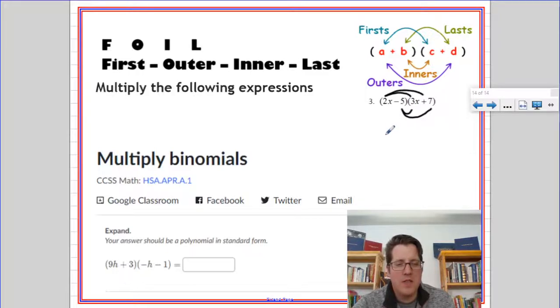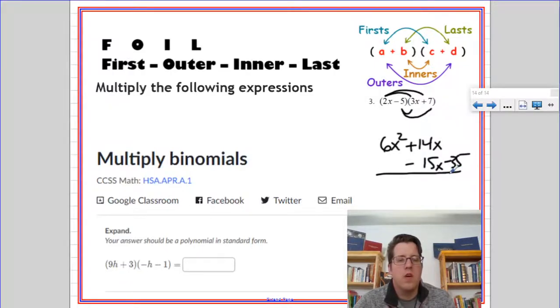So 2x times 3x, that's going to be 6x squared plus 14x minus 15x minus 35. So this would simplify down to 6x squared minus 1x minus 35.